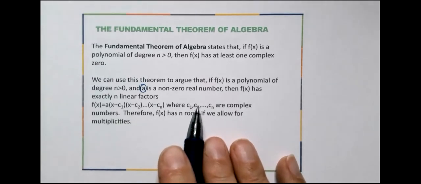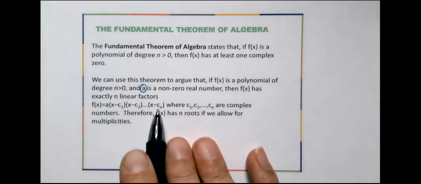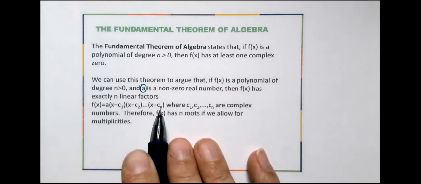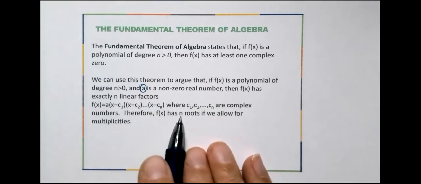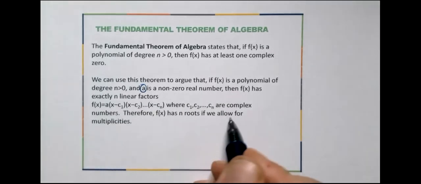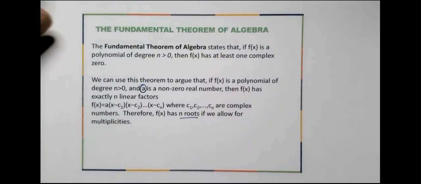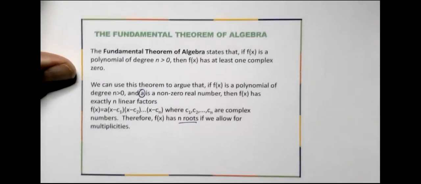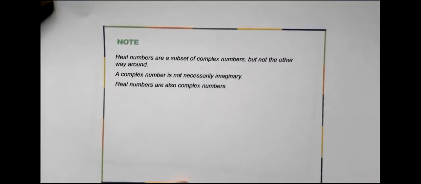And c1, c2, c3, c4, and so forth in this expression are complex numbers, and they are actually zeros, or roots, of f of x. All right, so I hope that makes sense. If not, rewind and listen again. I'm going to show you what that means in practice in a little bit.